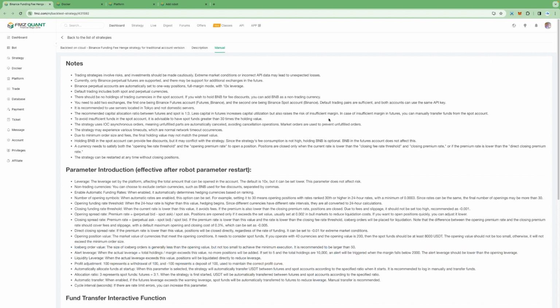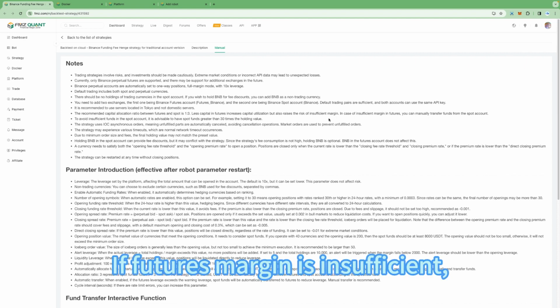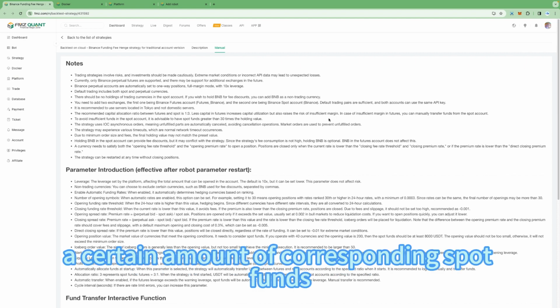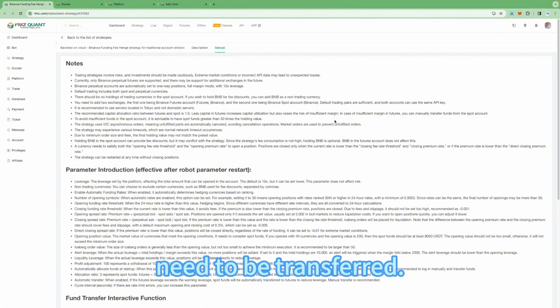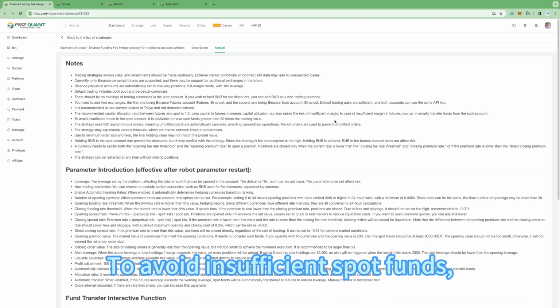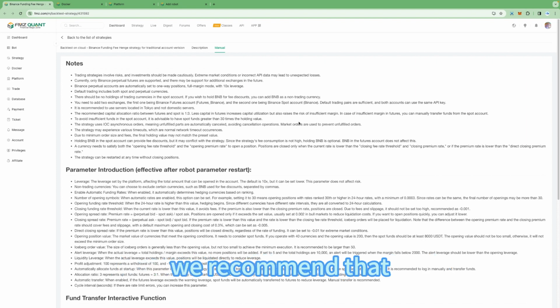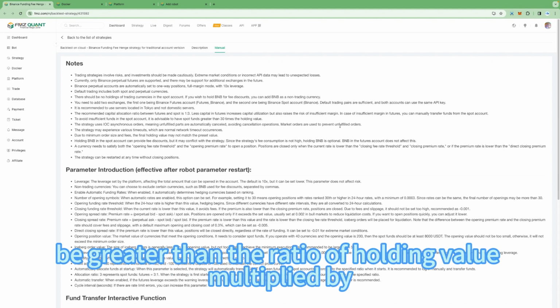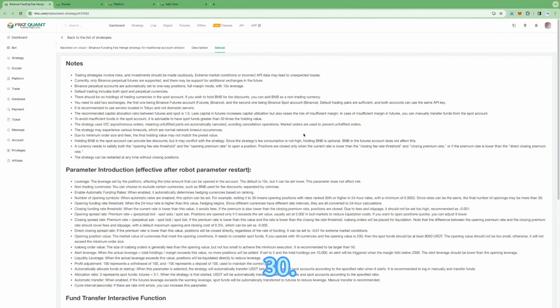If futures margin is insufficient, a certain amount of corresponding spot funds need to be transferred. To avoid insufficient spot funds, we recommend that spot funds be greater than the ratio of holding value multiplied by 30.